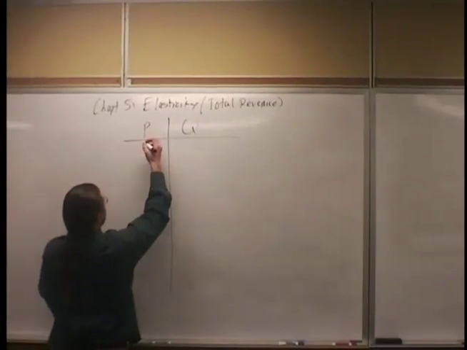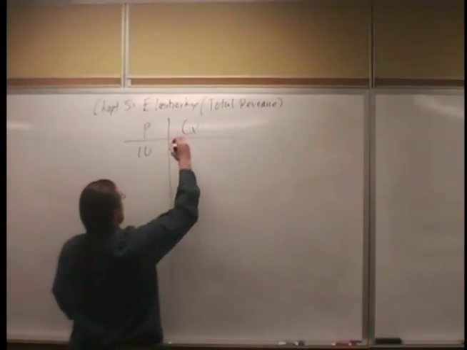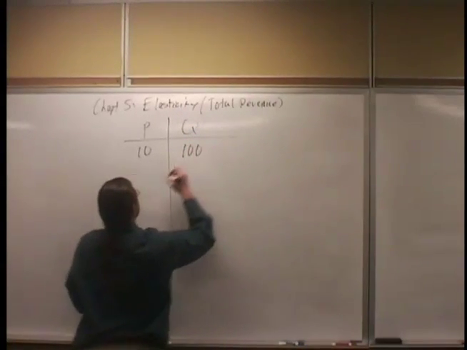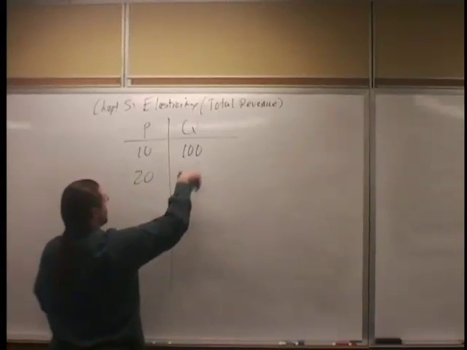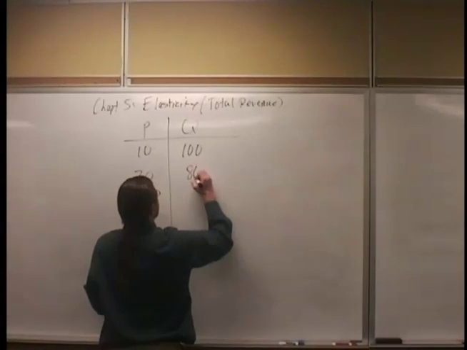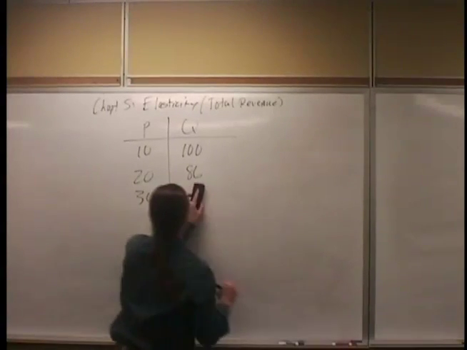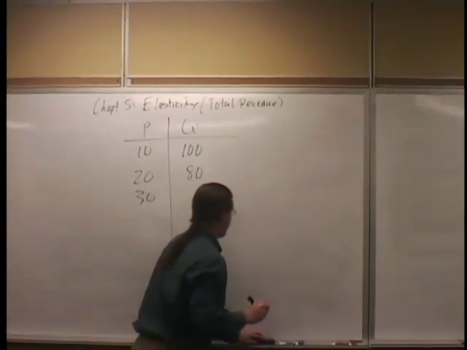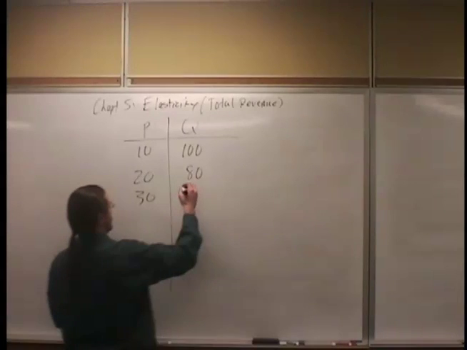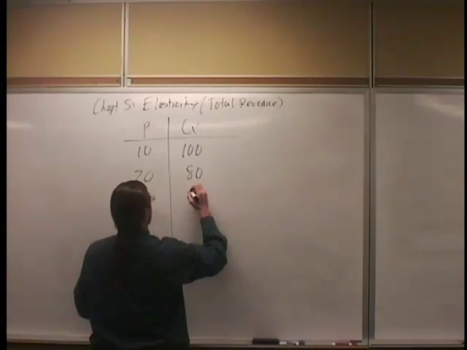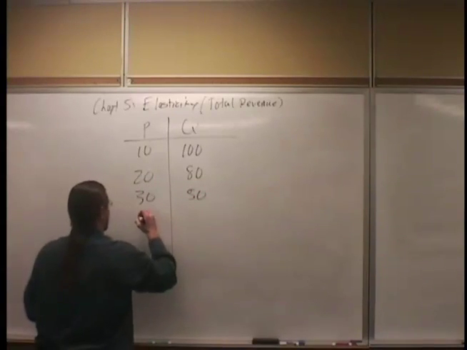So let's say, let's keep the numbers easier. Screw this 86. Let's go with 80. At 30, we're going to buy 50.